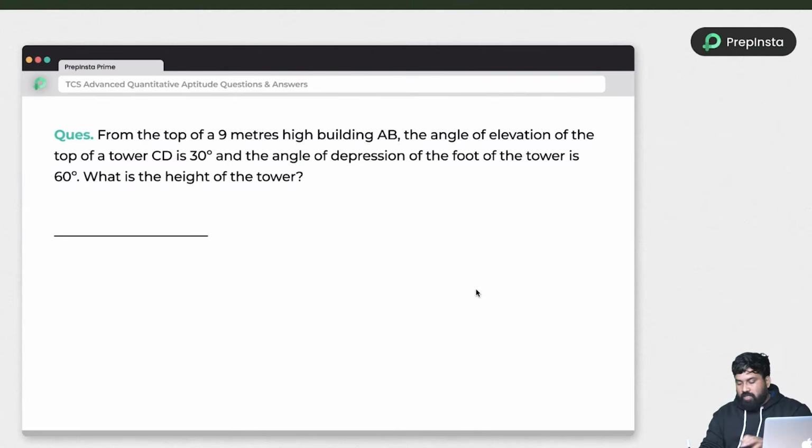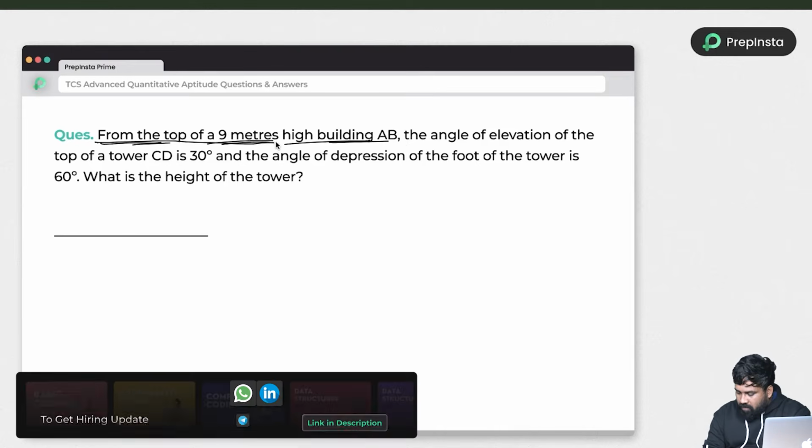Okay. So just look into the next problem and try to pause the video and solve it on your own first. From the top of a 9 meters high building AB. Whenever they give geometry-based problems, again I'm telling you, draw the picture immediately. Don't waste your time by reading the data twice or thrice.